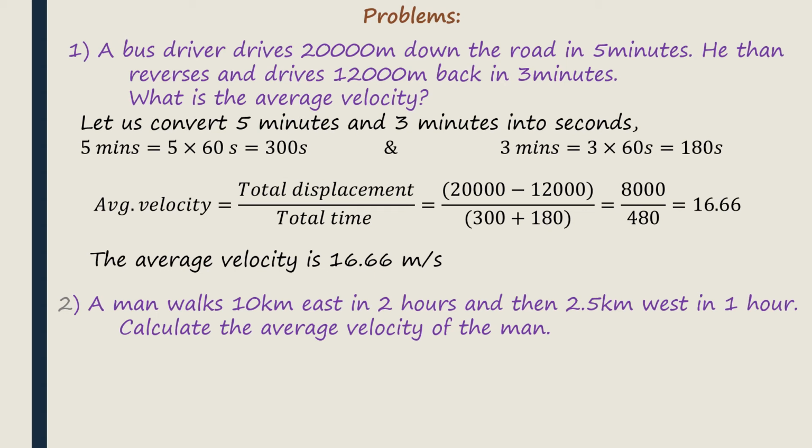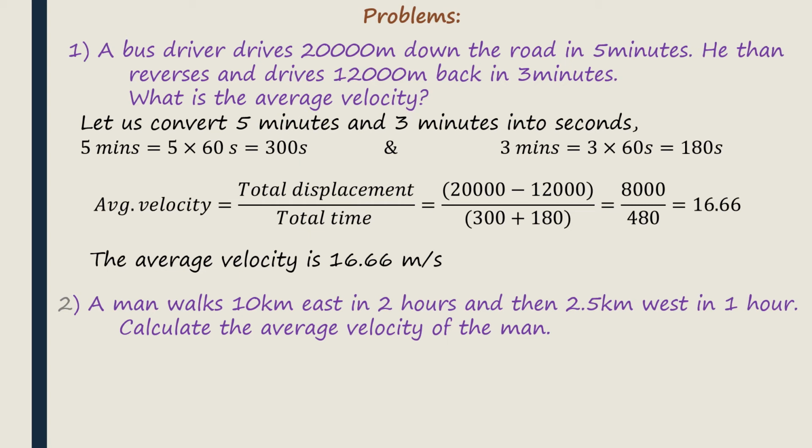So the man walks 10 kilometers east, meaning he walked 10 kilometers to the right hand side for 2 hours. Then 2.5 kilometers to the west in 1 hour. So after walking 10 kilometers to the right, he walked 2.5 kilometers to the left. Okay, in 1 hour. Now calculate the average velocity of the man.